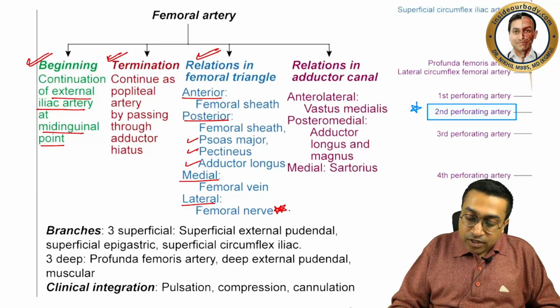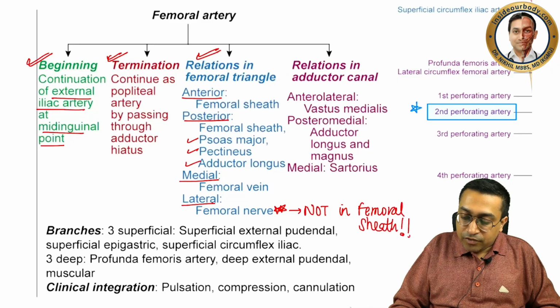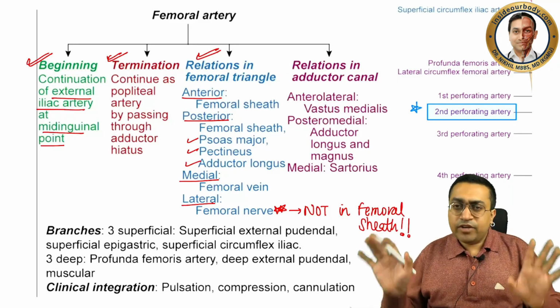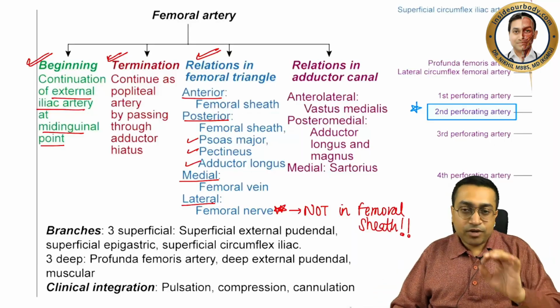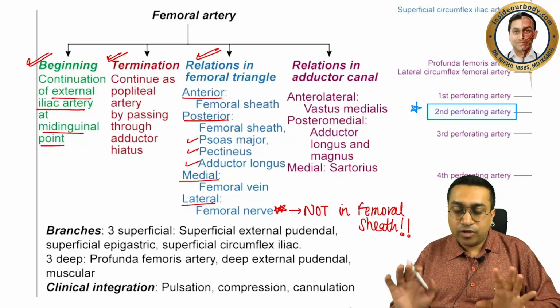Femoral nerve is not in the femoral sheath. Please remember this key point, very important, again asked in the viva. I have repeated this multiple times in many videos till now.